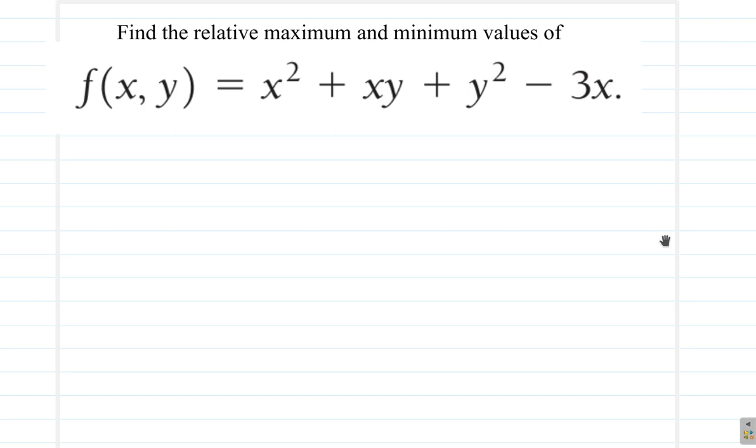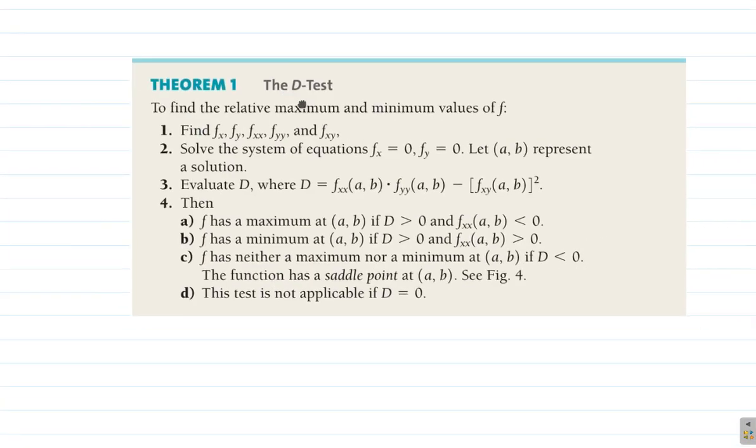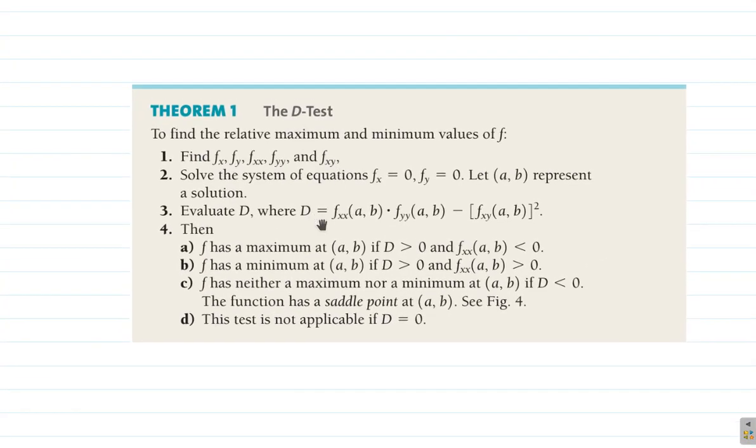So we can find out the coordinates of the critical point and then find out the nature, whether it's a minimum or maximum point. And we can also find out where the maximum point is or the minimum point is. Now we have a copy of the D-test which we will use.